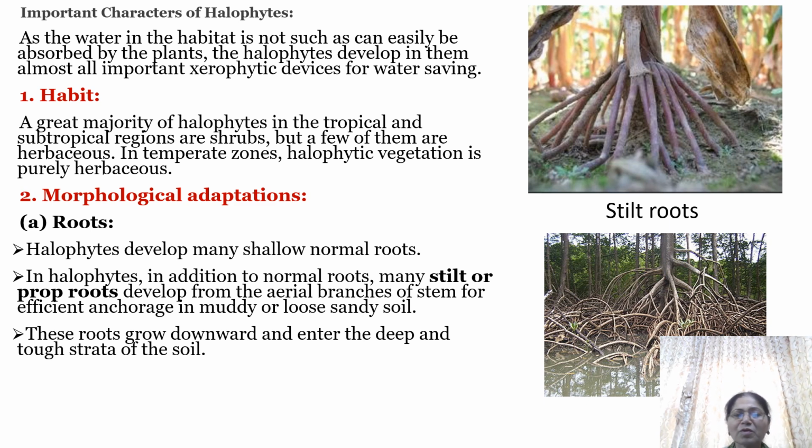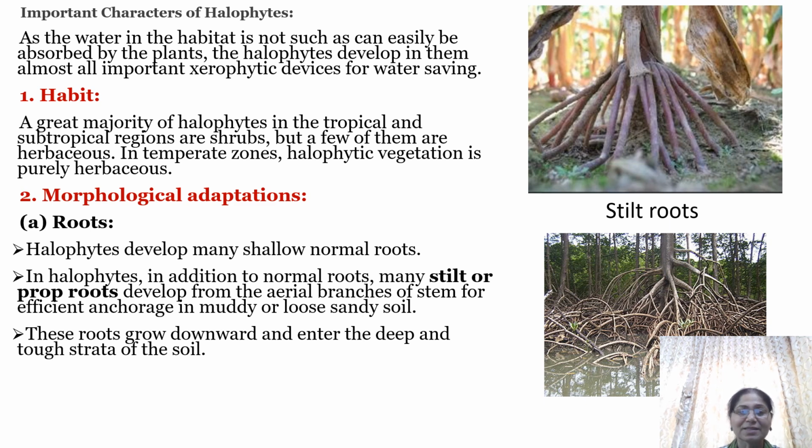Moving toward morphological adaptation, we will study all the adaptations systematically, starting from the root, stem, leaves, fruits. All the parts are modified so that these plants can thrive well in their habitat containing high salt.